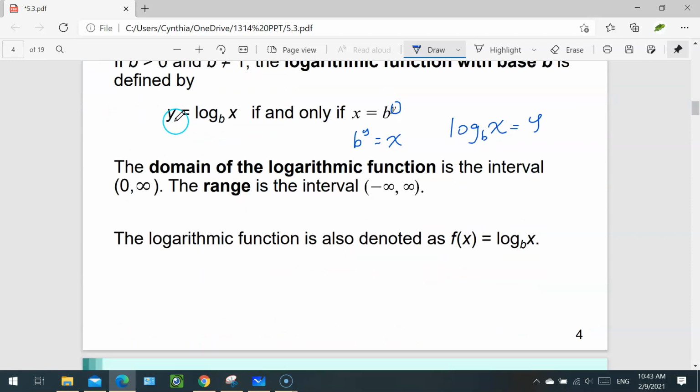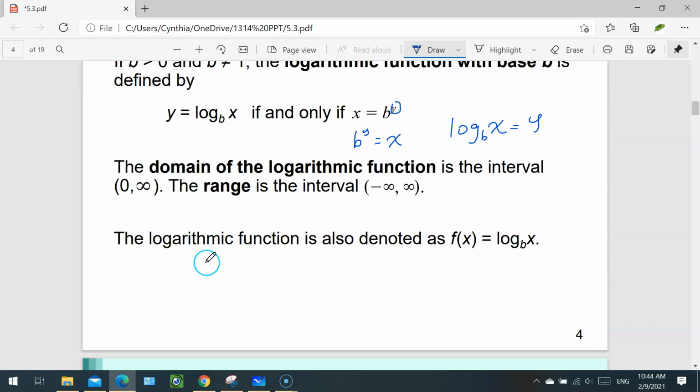The domain of the logarithmic function is the interval from 0, open 0, which means not including the point 0, open 0, comma, infinity, close. The range is the interval for all real numbers, from negative infinity to positive infinity.